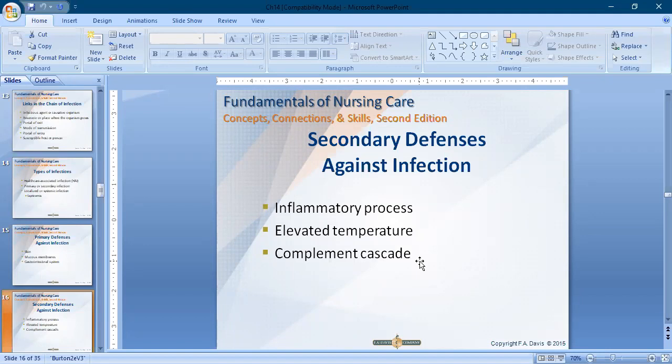Another system of the body is called the complement cascade. This is a complicated system: the antigen-antibody reaction produces complement proteins that make a chain and attack the cell membrane of bacteria. All of this is called the complement cascade. This is the defense mechanism here.